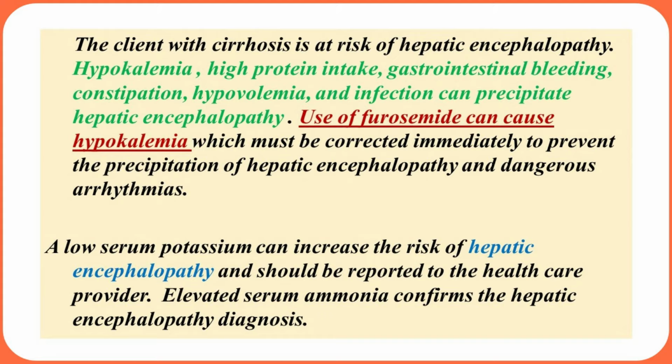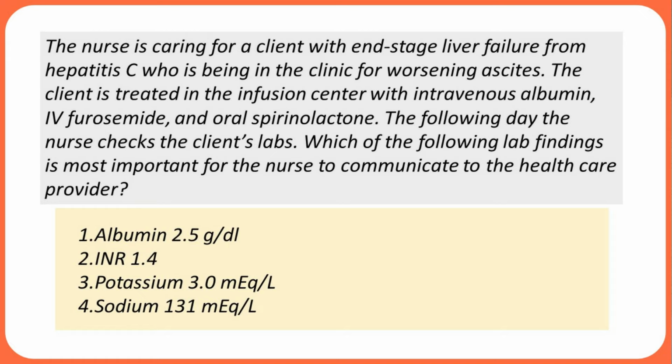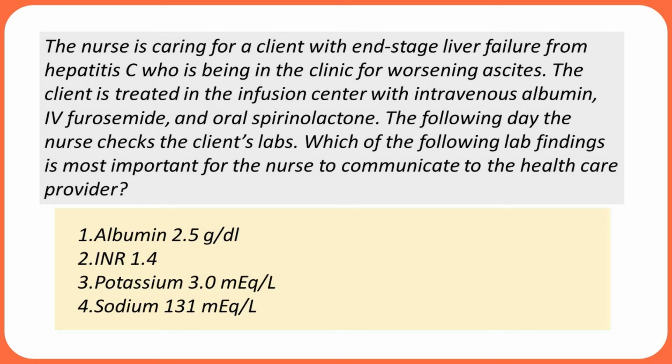So compared to all these other 3 options, the low potassium level, or hypokalemia, may lead to dangerous arrhythmias, and it may lead to hepatic encephalopathy. These are 2 main complications which require immediate intervention. So our answer for this question is option 3, potassium.